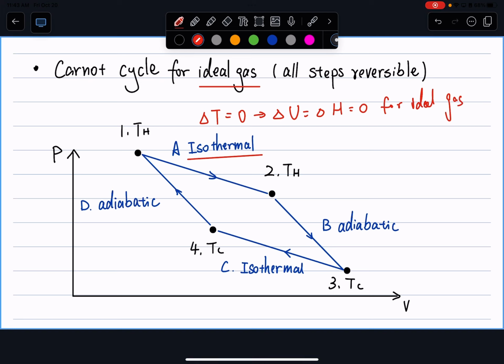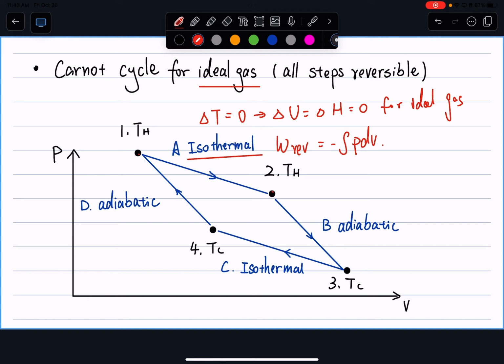Again, reading the table, from point 1 to point 2, in this process your volume increases, and W reversible equals negative PdV. Your volume increases, your pressure is not a constant, but it must be a positive number.